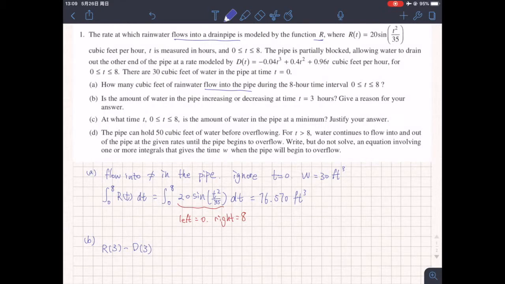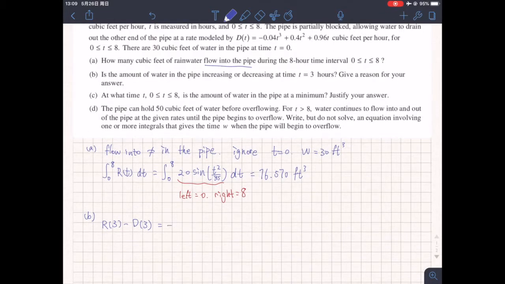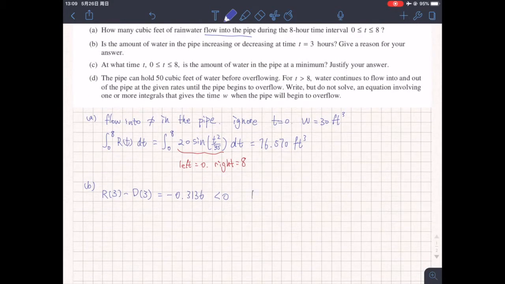So we type it into the calculator, put the two functions together, use r subtracted by d, and plug 3 in for t, and then we get the value, which is negative 0.3136, which is negative.